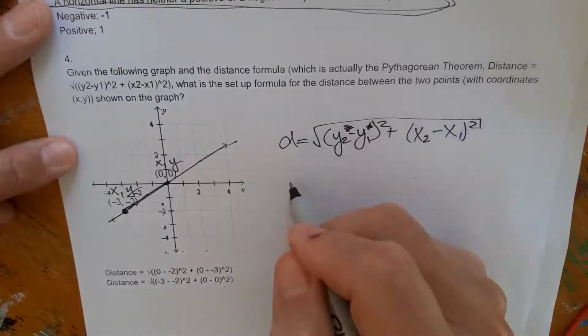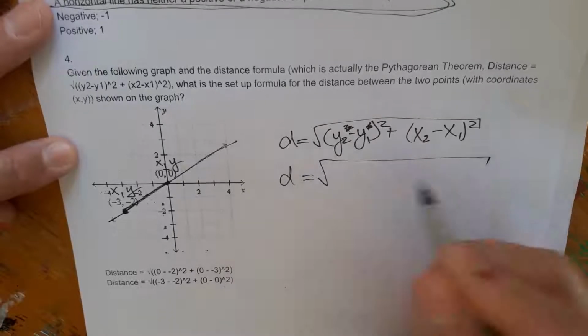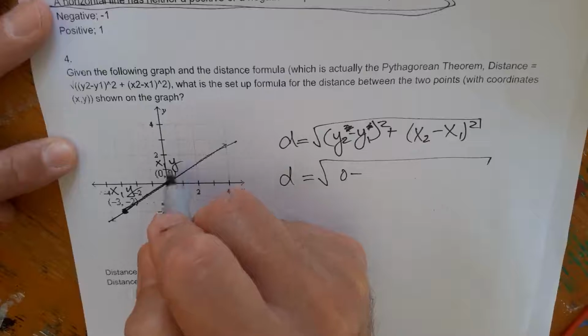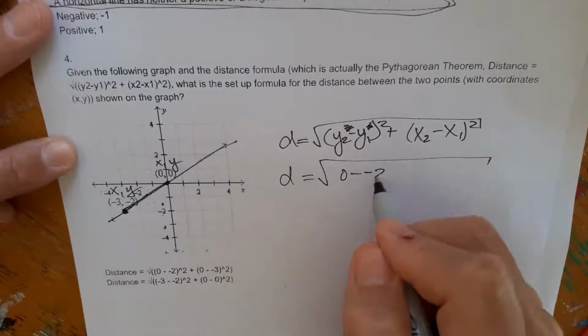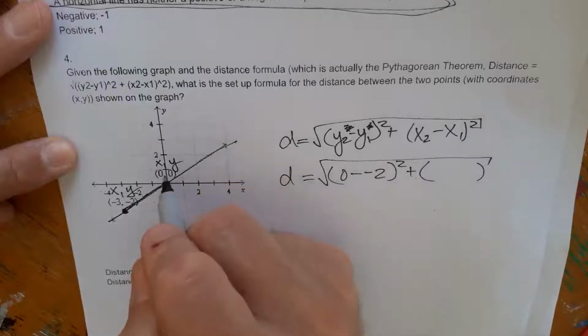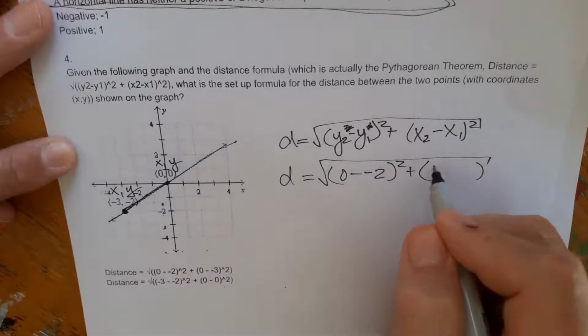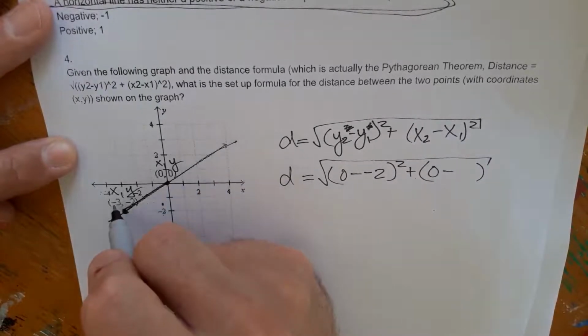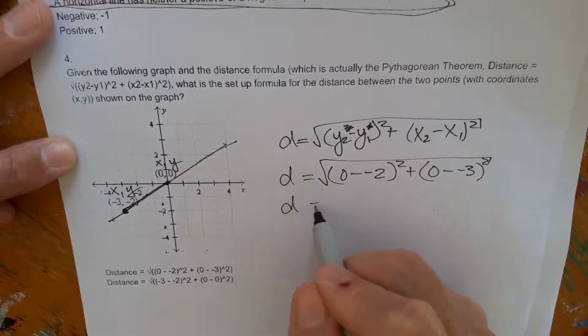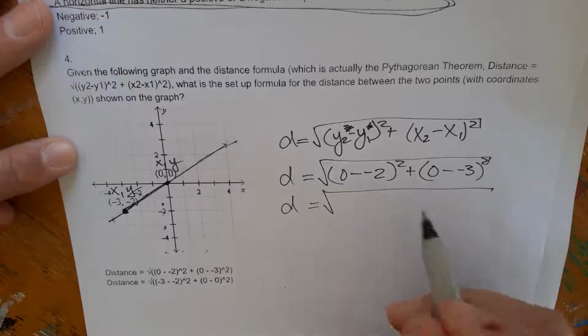So d equals square root of y2. Let's call this y2. So this would be 0 minus y1, a minus 2, squared. There's a plus. If this was y2, this has to be x2: 0 minus minus 3, and this has to be squared according to our distance formula.